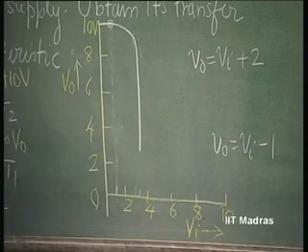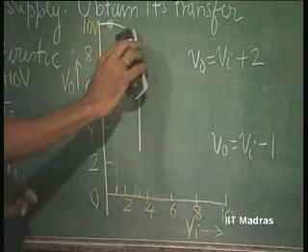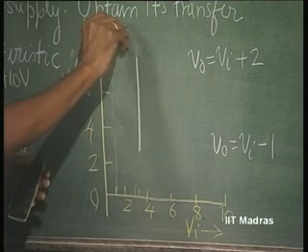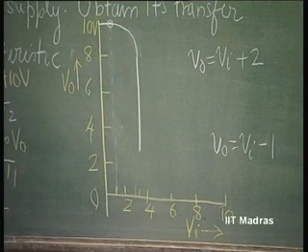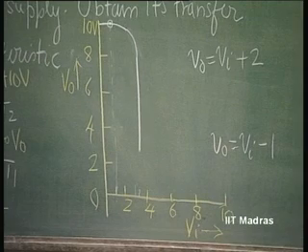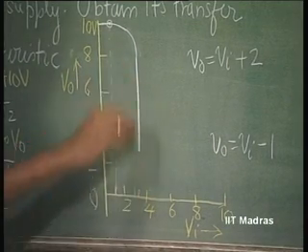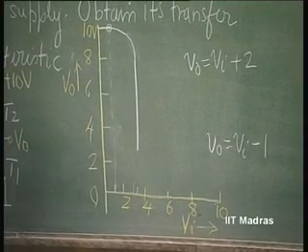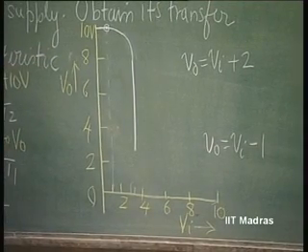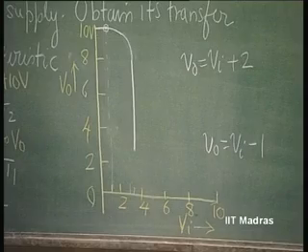So, we can draw that somewhat more carefully. Now, at Vi equal to 3.33, there is a transition and it is having infinite slope, where both the transistors are in current saturation region.